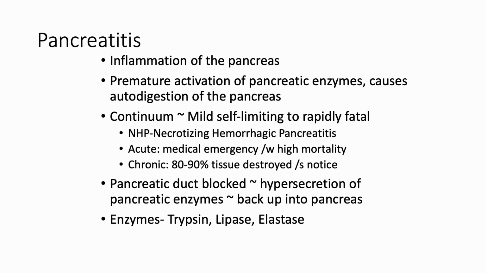You can have pancreatic ducts that are blocked, and these can cause hypersecretion of those enzymes again, like I said, and they back up into the pancreas and they start to eat away at the tissue. The enzymes that the pancreas has are trypsin, lipase, and elastase. Those are our 3 enzymes.